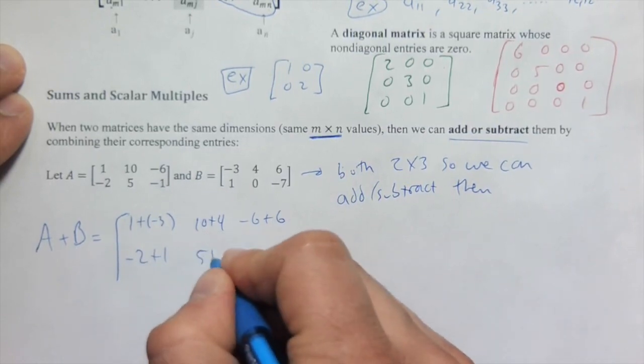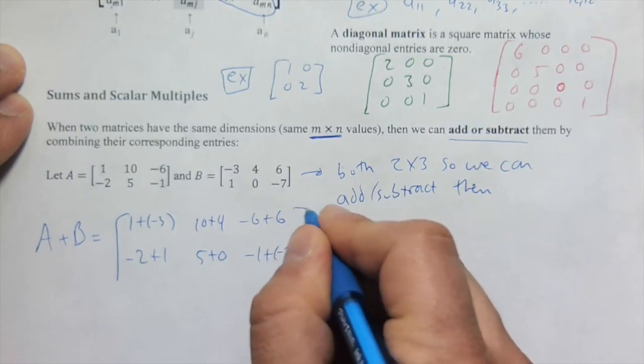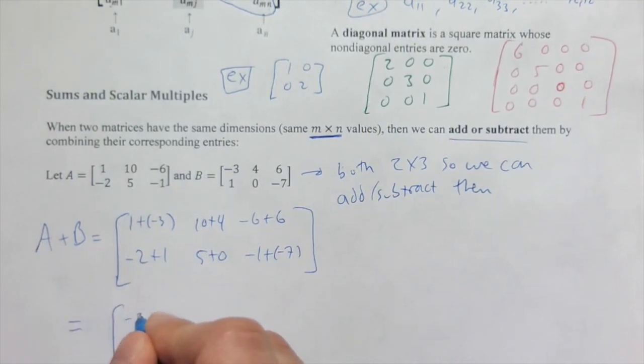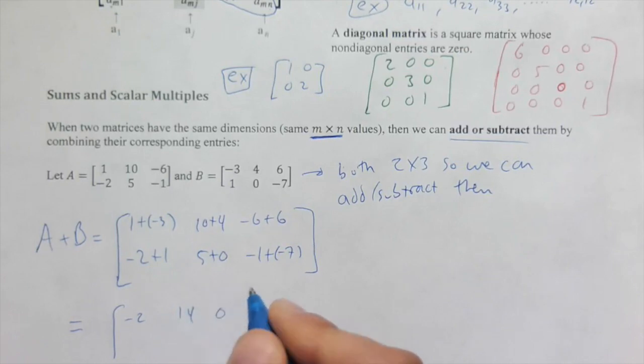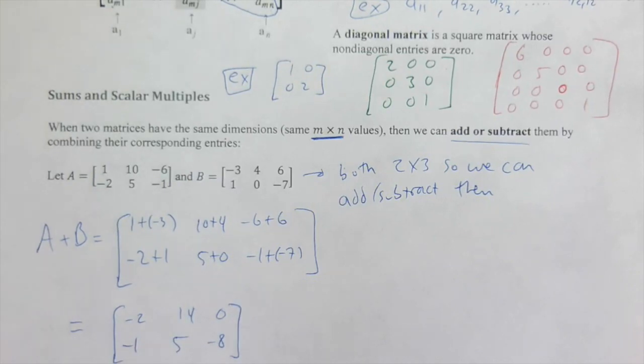This one's going to be 5 plus 0. And this is minus 1 plus minus 7. And you just simplify that down, and so this is the matrix minus 2, 14, 0, minus 1, 5, and minus 8. And so you just add or subtract the individual entries.